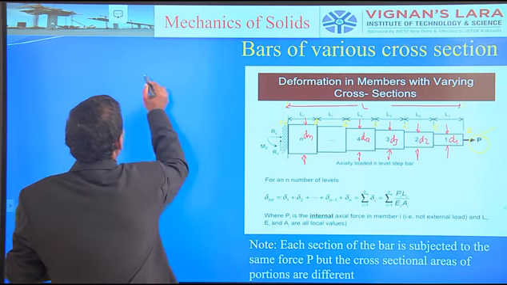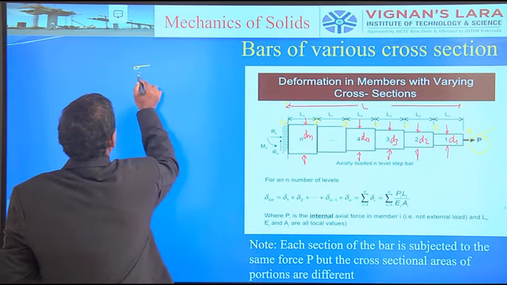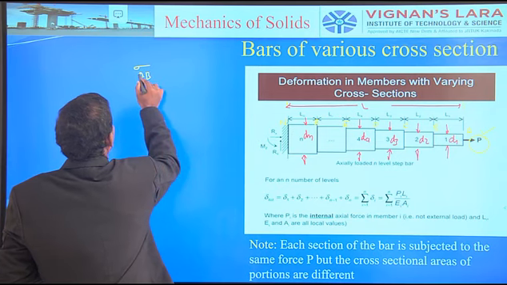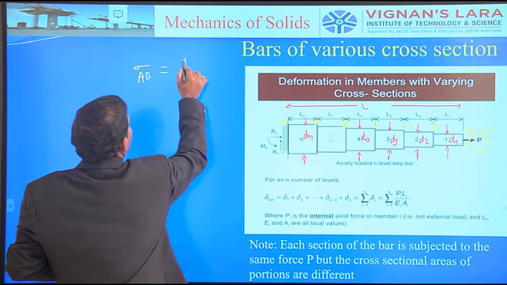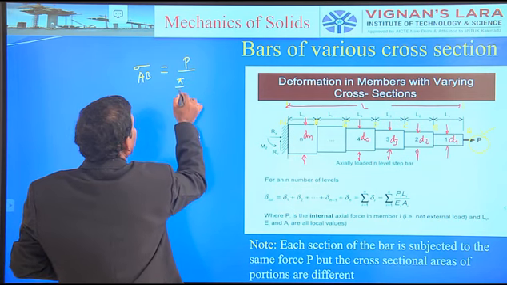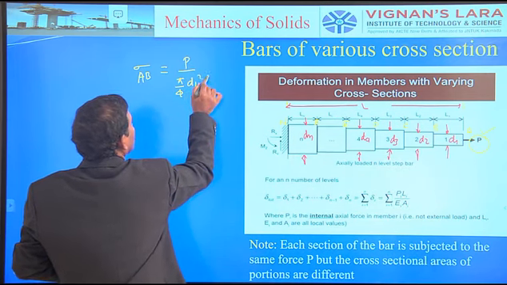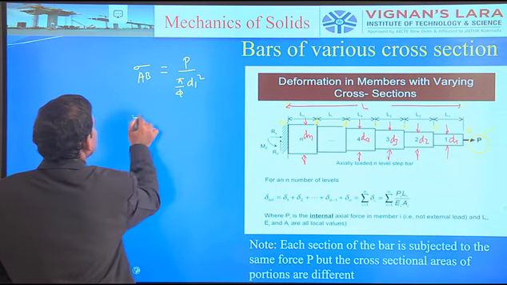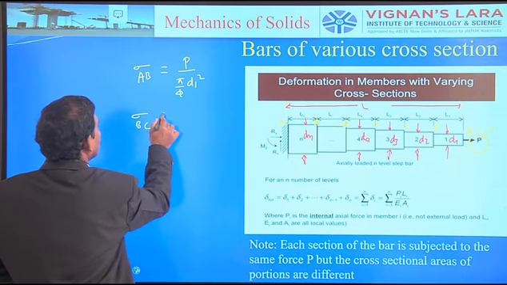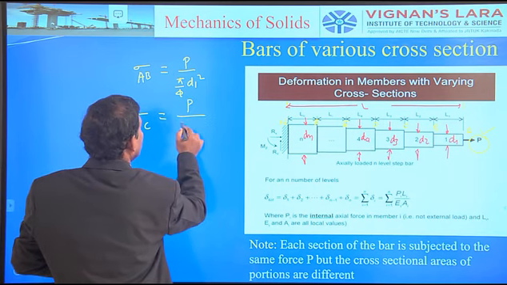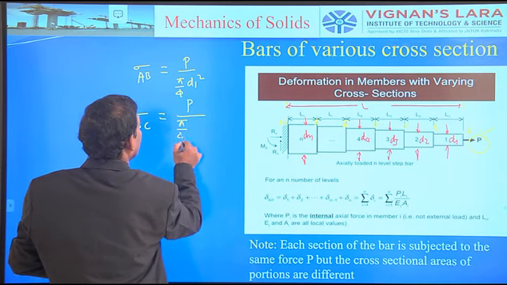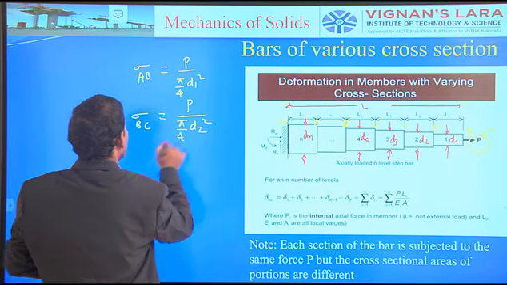For example, the stress in the first portion AB becomes P by pi by 4 D1 square. Similarly, the stress in the second portion BC becomes P by pi by 4 D2 square.